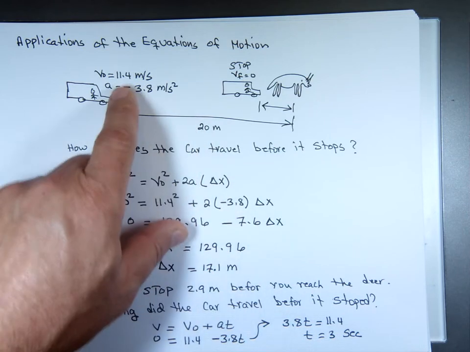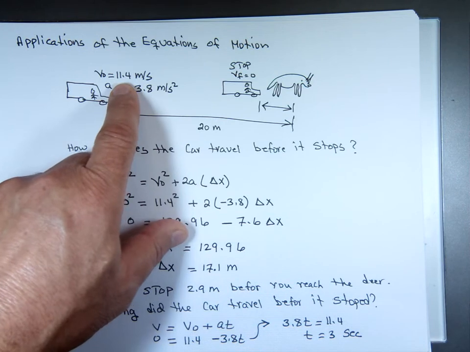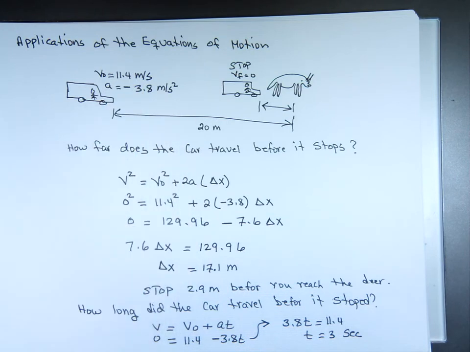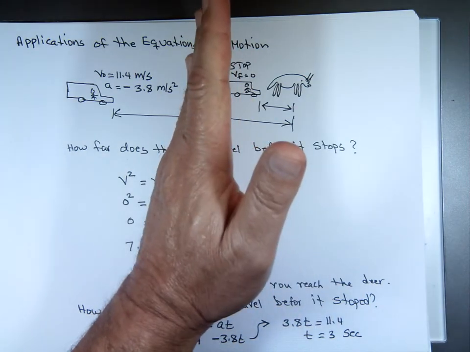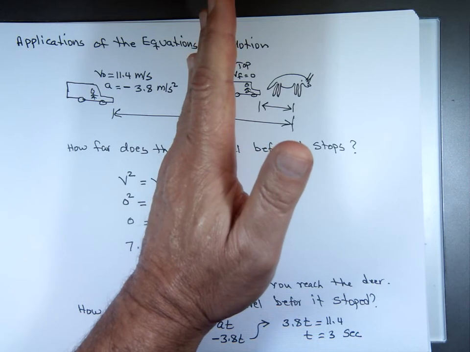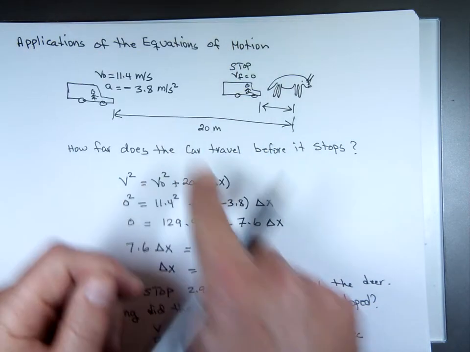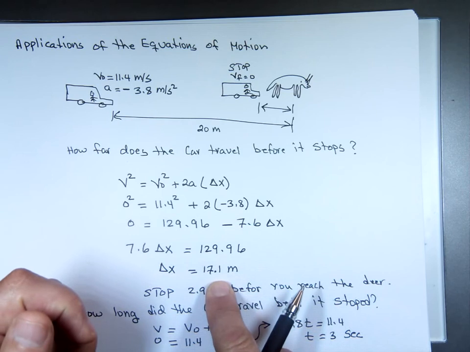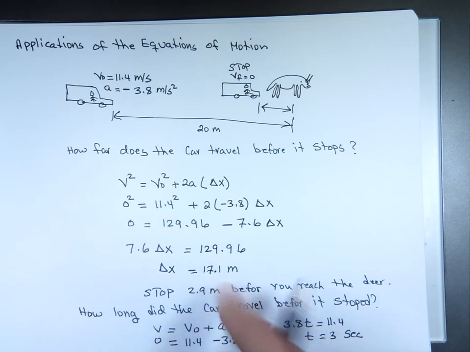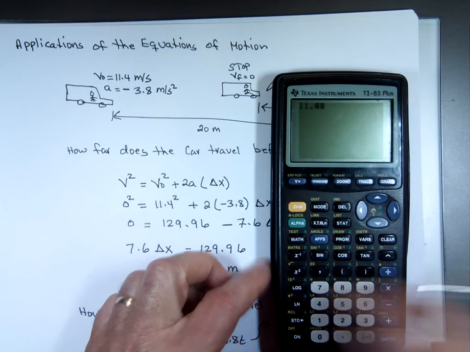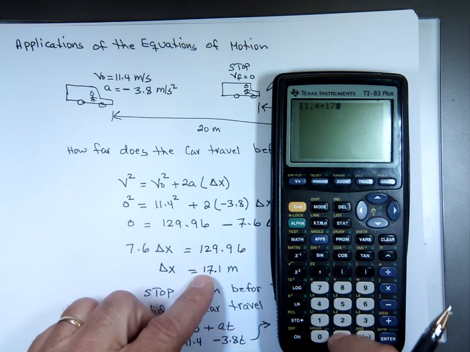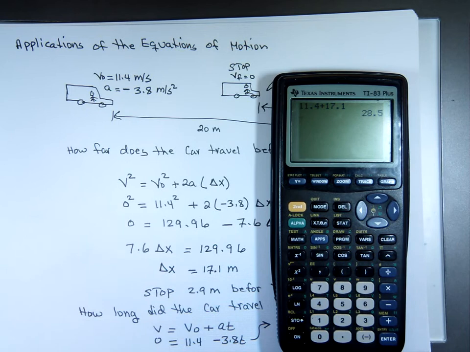Your speed is what? 11.4 meters per second, right? So that 1 second, you didn't touch the brake because you weren't looking, you didn't see the deer. You already drove 11.4 meters. Add to it the 17 plus meters that you need. So how far did you go before you came to a complete stop? 11.4 plus the 17.1. You're going to stop at 28.5 meters.